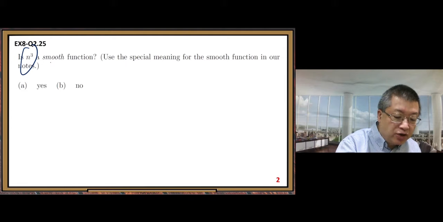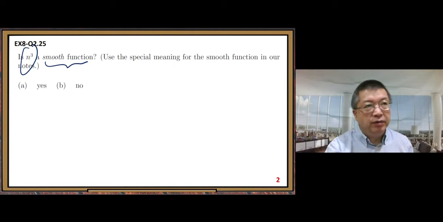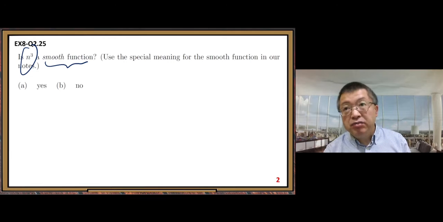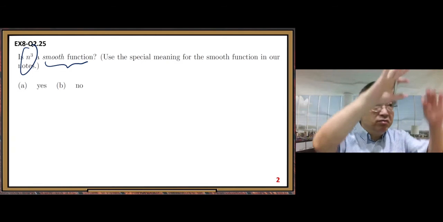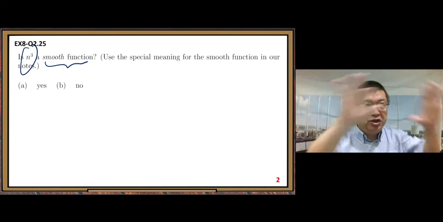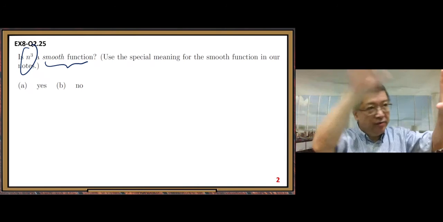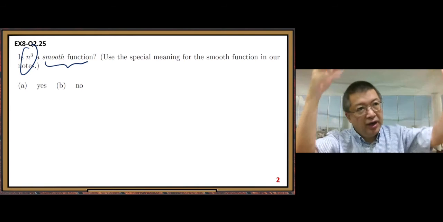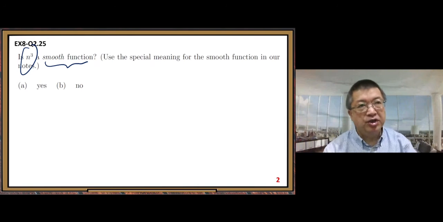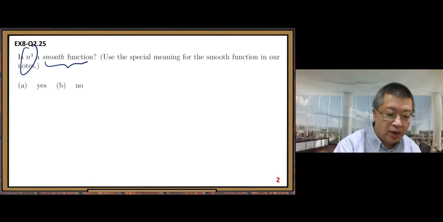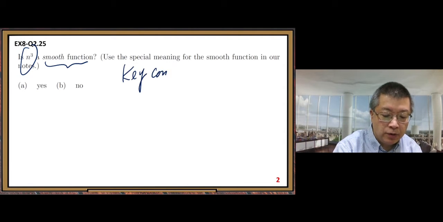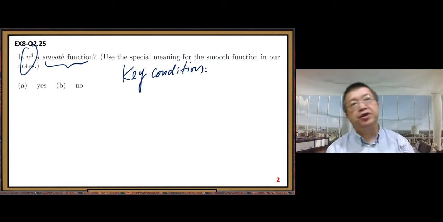For our smooth function, we have a different definition. The formal definition is quite long, with many lines, many conditions. Here I only want to talk about the key condition to check. We just check this condition, okay?